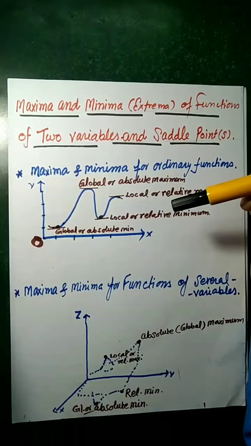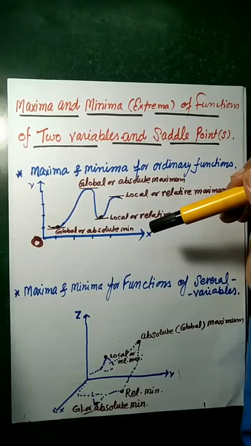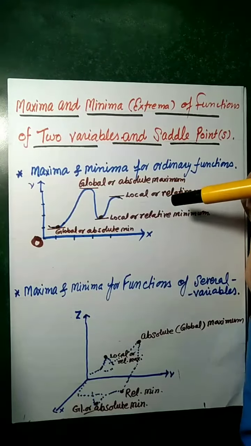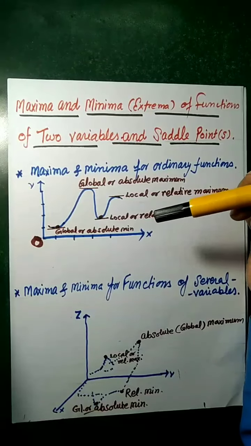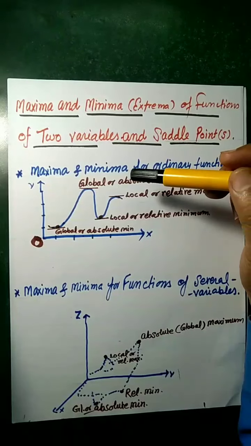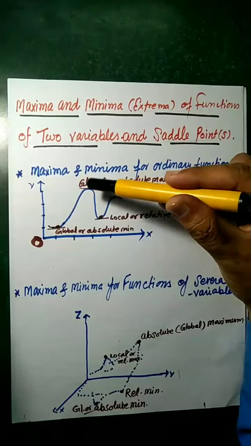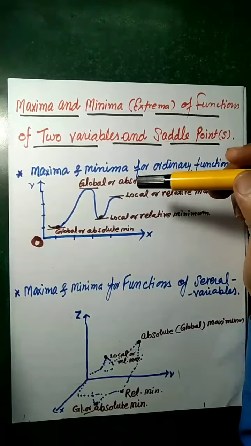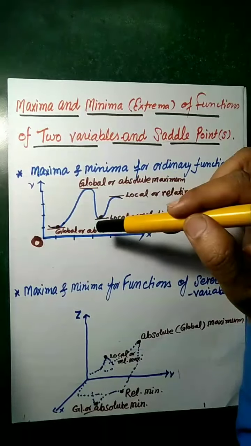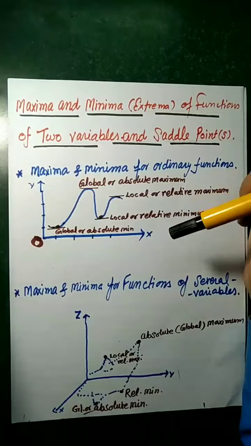Value of the function either within a given range, that is known as local or relative maximum and a local or relative minimum, while the largest value and smallest value in the entire domain, that is known as global or absolute maximum and global or absolute minimum in the entire domain.